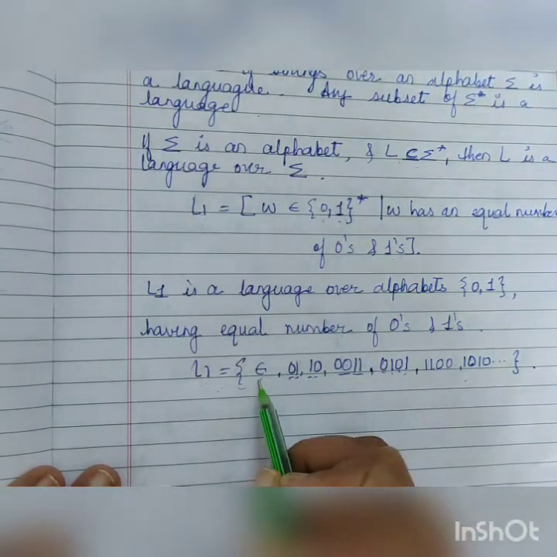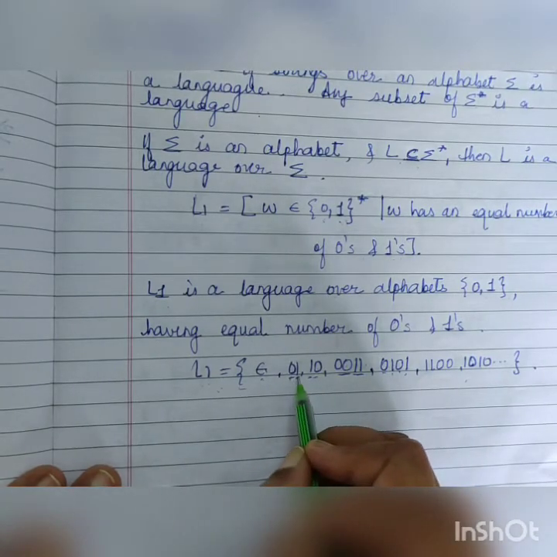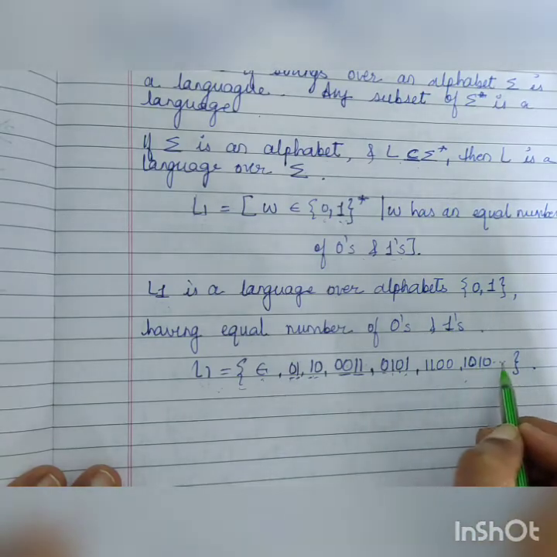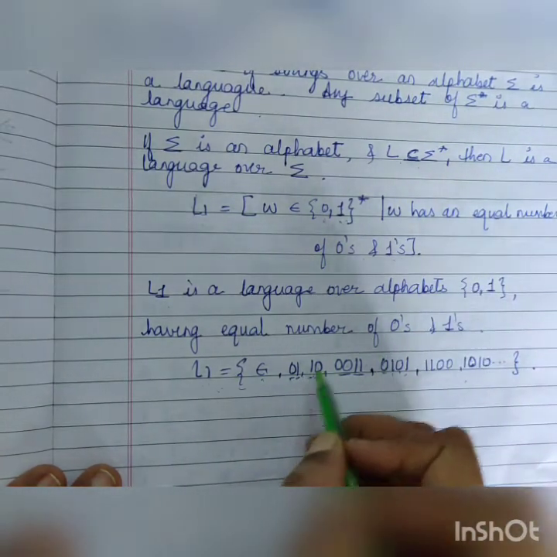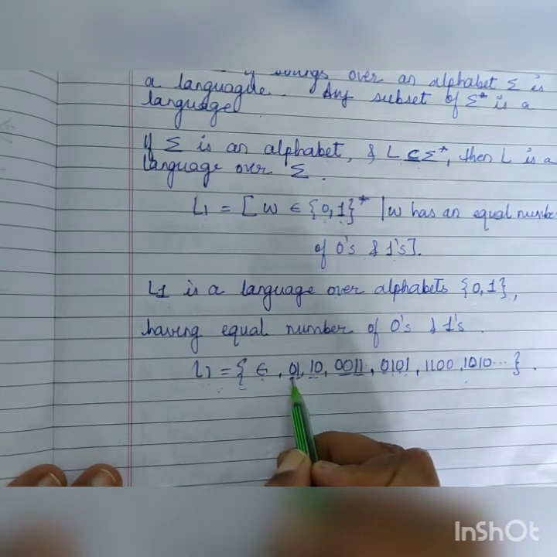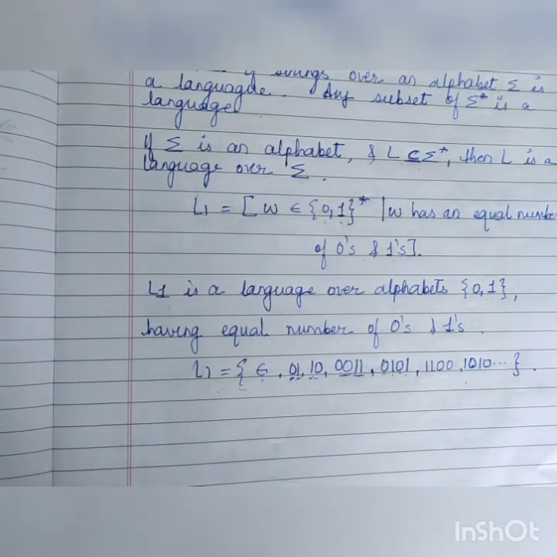So the empty occurrence, 0 occurrences, is indicated by epsilon, comma, 0 1, the string of length 1, string of length 2, and so on. We have an equal number of zeros and ones. You can see here in every input there is an equal number of 0 and 1. Thank you.